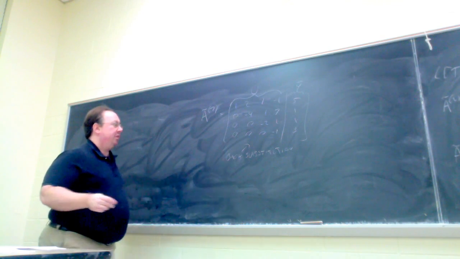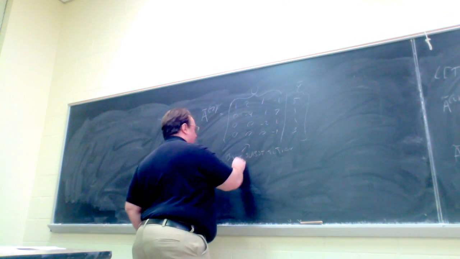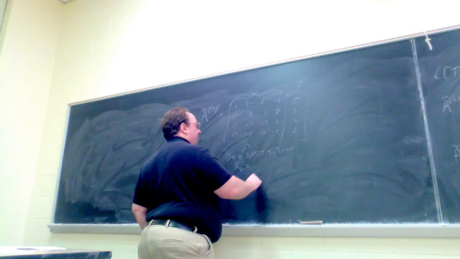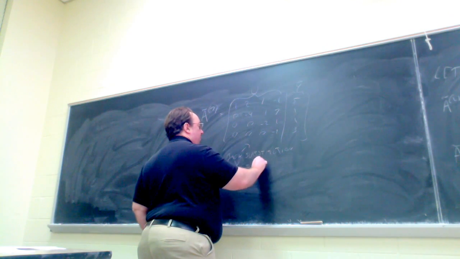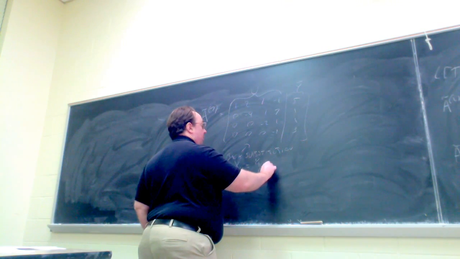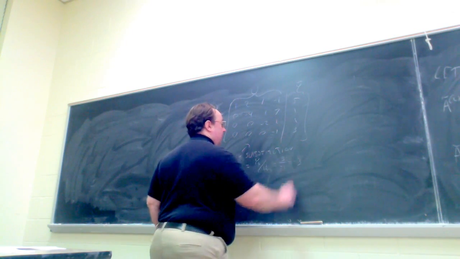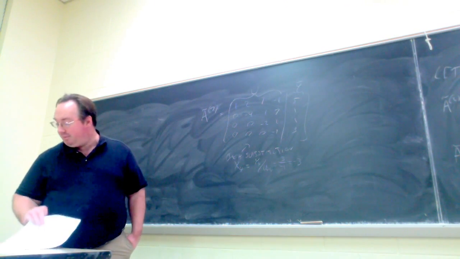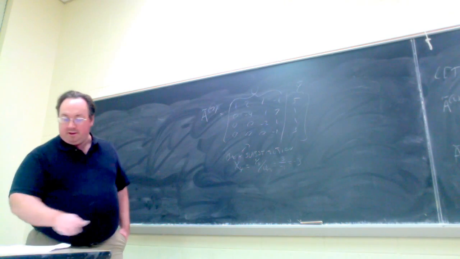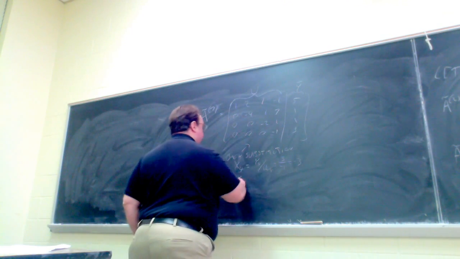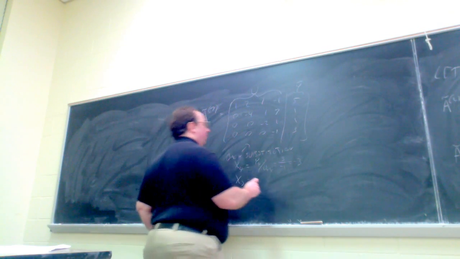So how that's going to go is you start with x4, so it's going to be Y4 over U44. So it turns out to be -3, and then we have x3, so let's write it out here.